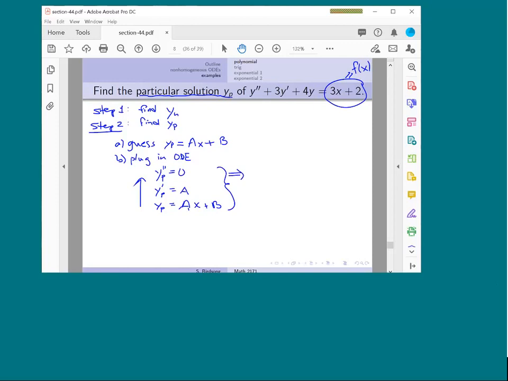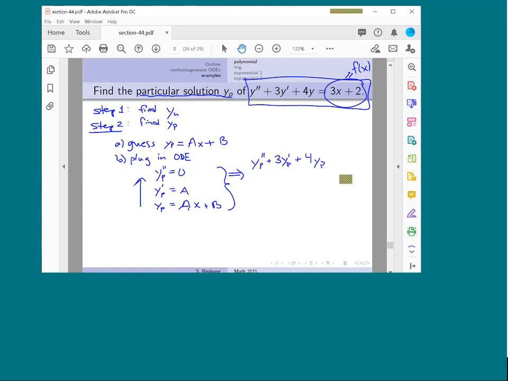Which means when we start plugging this in, I'm looking right up here at our differential equation. So if we plug in the second derivative, plus 3 times the first derivative, and notice I'm putting those subscripts of p still on here to tell future self or any readers what I'm doing.